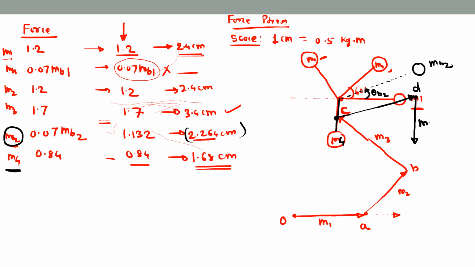So this is for mass M4, D to E. Now this unknown value, 0.07 MB1, we can find out when we connect this point E with the point O. So draw the connecting line.